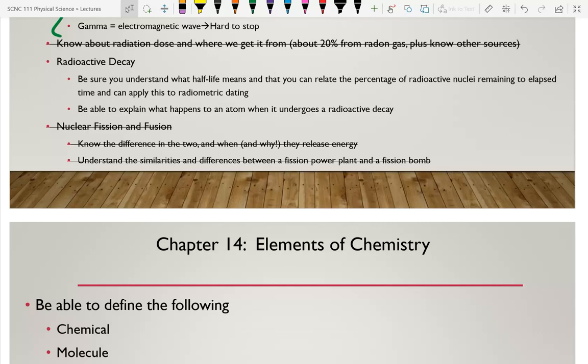The reason it works that way is because it's a probability problem. There is a 50% chance that each one will have decayed. And so if you start with 10, after one half-life, each one has a 50% chance of decaying. If 10 was actually a statistically significant number, you'd expect half to remain. So that's what the half-life idea is. That's useful because we can use that to measure times for things.